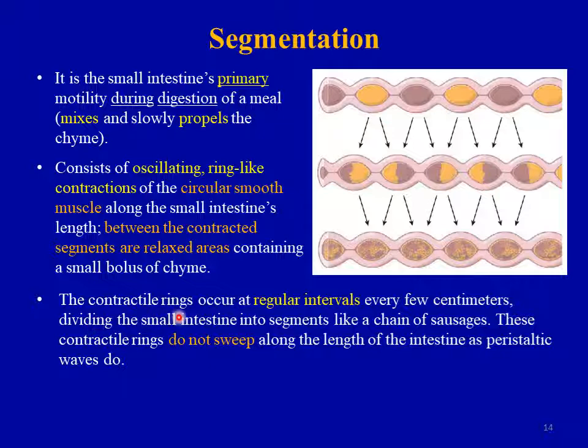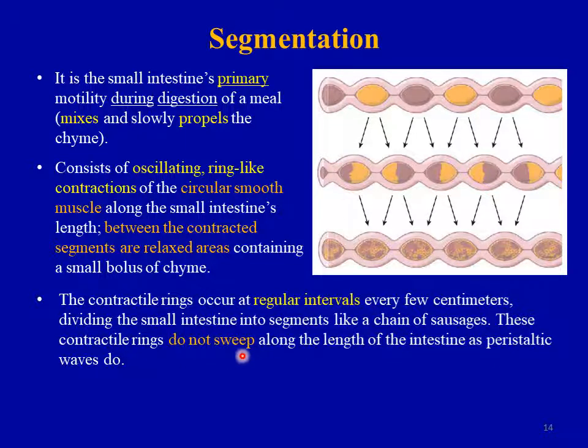The contractile rings occur at regular intervals, every few centimeters, dividing the small intestine into segments like a chain of sausages. These contractile rings do not sweep. The contractions happen and they don't move down or distally. They just remain in their place.